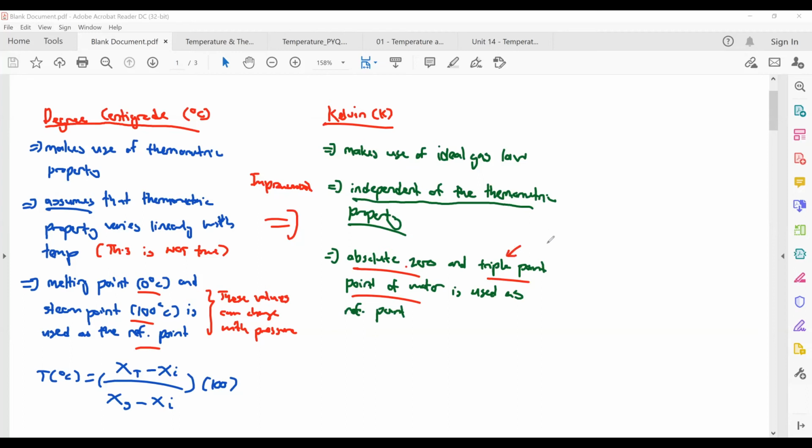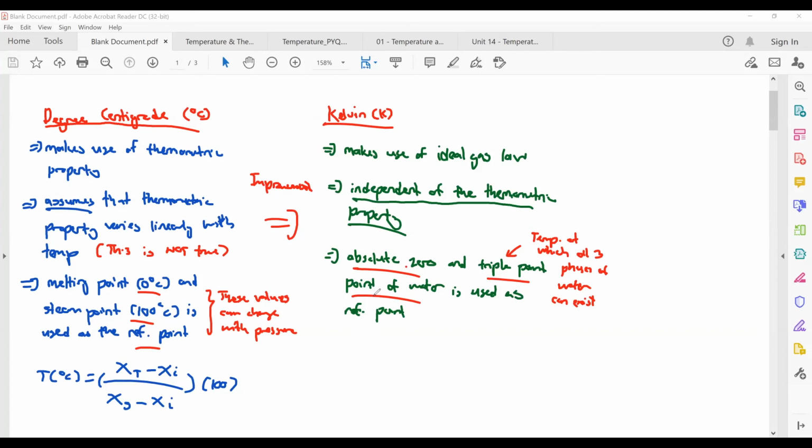Now, triple point of water is the temperature at which all three phases of water can exist. All three phases of water means ice, water, and steam. That's what triple point of water is. It is actually that temperature where all three states exist at the same time.